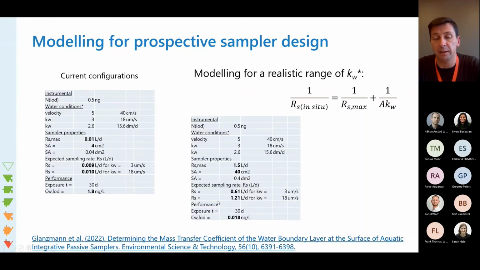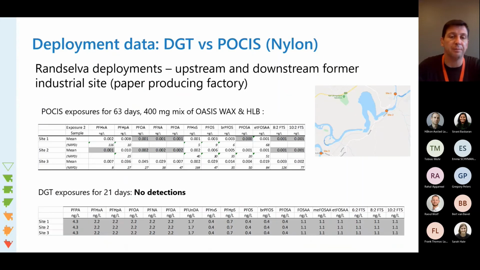And if we are sampling a very turbulent situation, we would have a much higher sampling rate. So we've got a much larger range of RS that would be obtained with such a device.